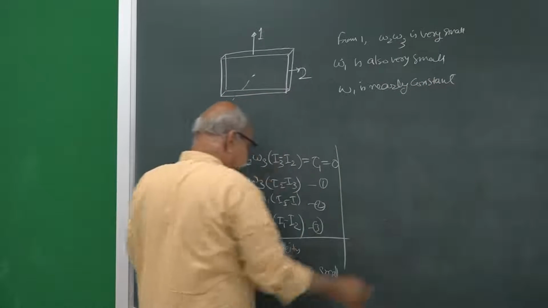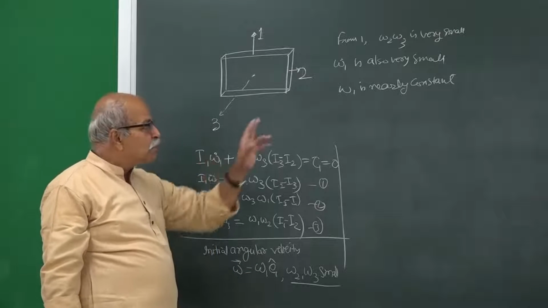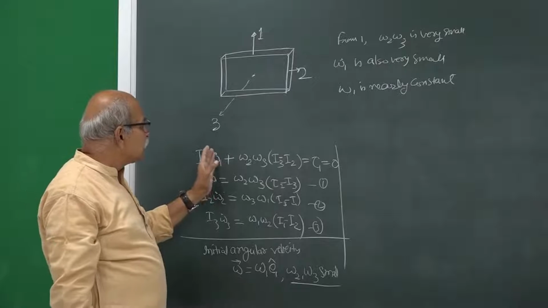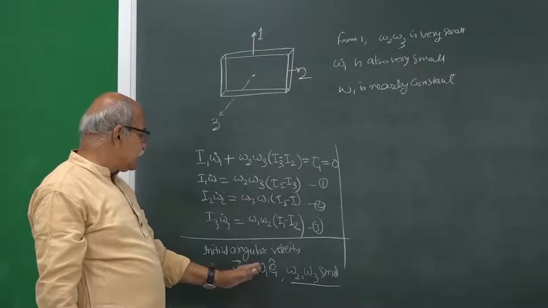Whatever angular velocity I had given initially, that component will largely remain there. This first component omega 1 will be nearly constant, equal to what I had given initially.